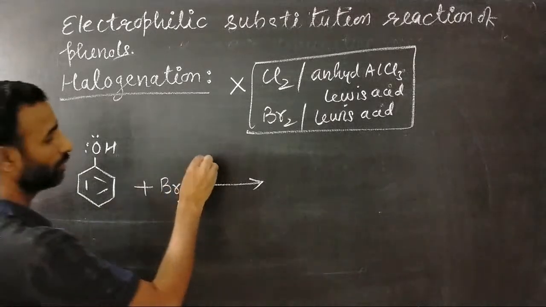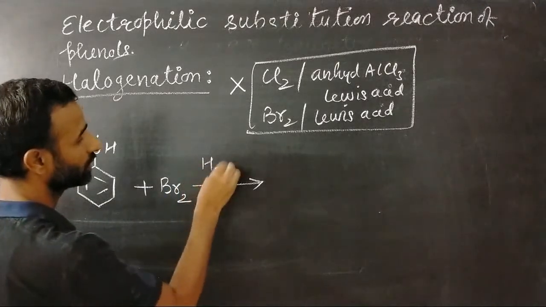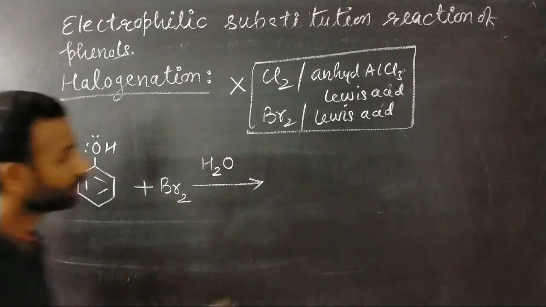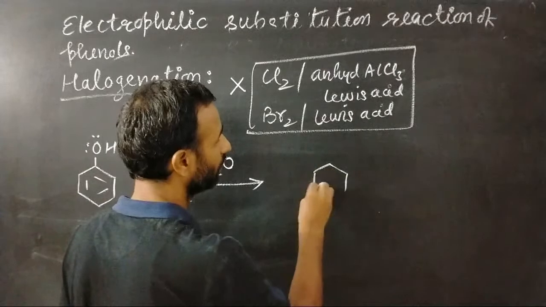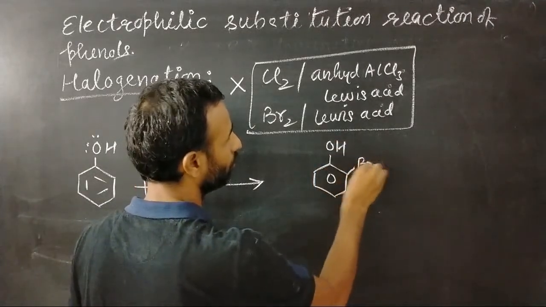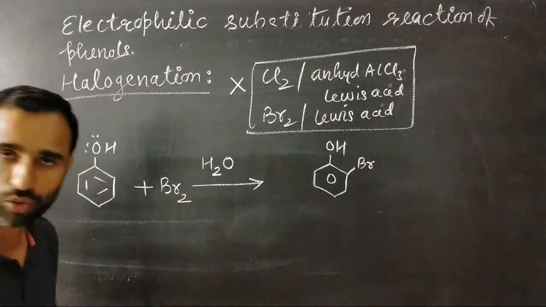So if it takes place in the presence of water, means in aqueous medium, then we cannot stop the bromination up to the monohalogenation stage.